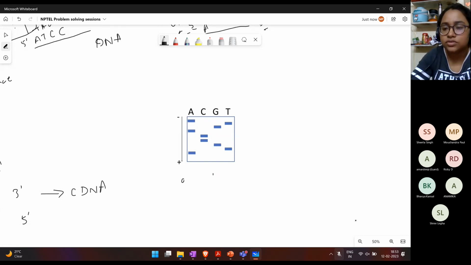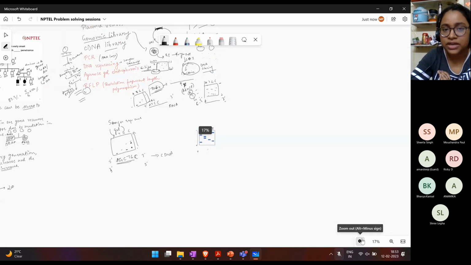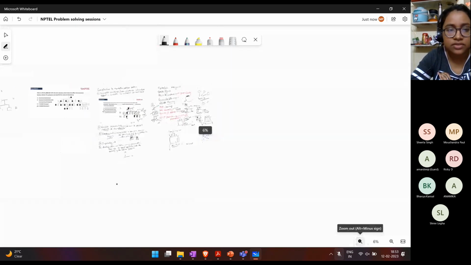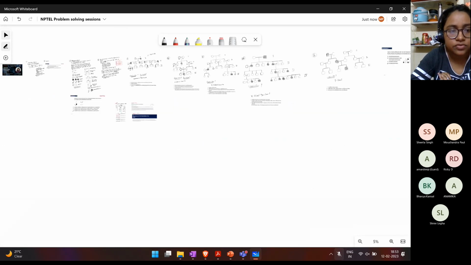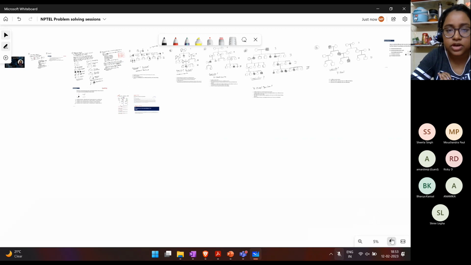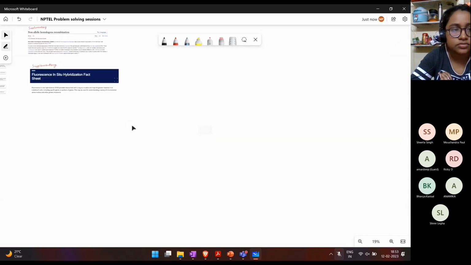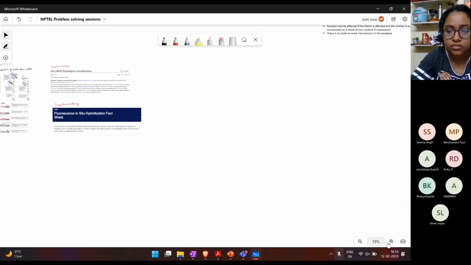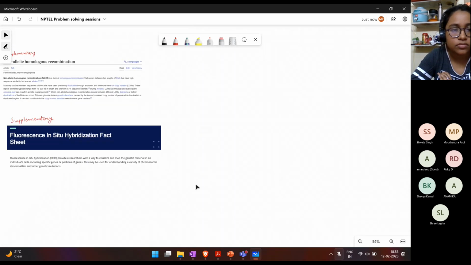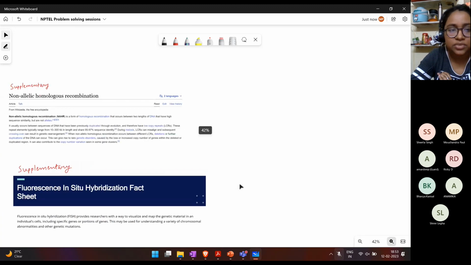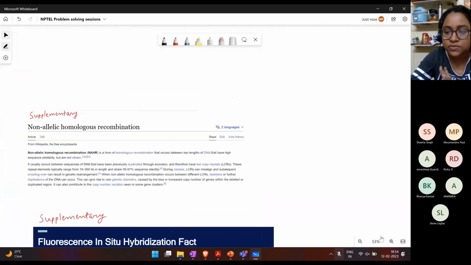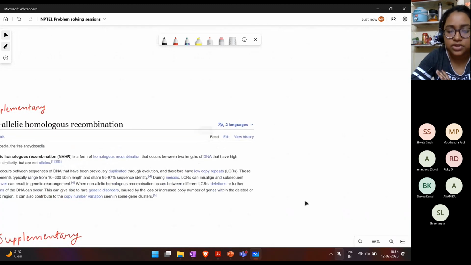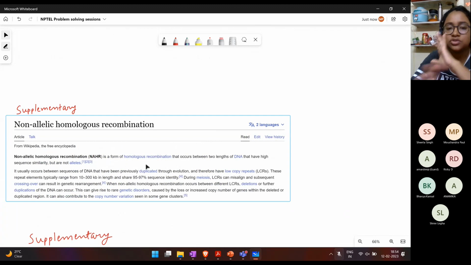Okay, so let me explain in a better manner. I found a definition for you guys of what is non-allelic recombination. I have taken it from Wikipedia. Non-allelic recombination happens during meiosis one, where crossing over happens between the homologous chromosomes.